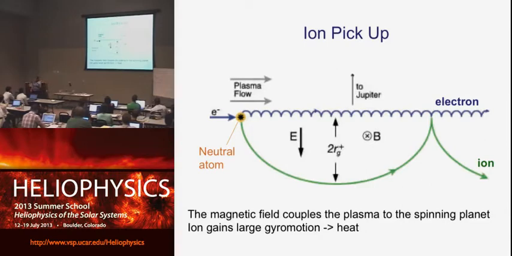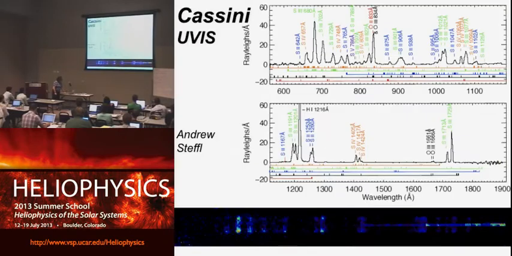Remember, these are masses of 32, 16, that sort of masses, times the AMU, so big, heavy ions, and little light electrons wiggling. The energy that heats up this plasma, as the ions gain this gyro motion, comes from coupling this material to the spin. So the source of the energy is the spin of the planet, carried via the magnetic field to the ions and electrons.